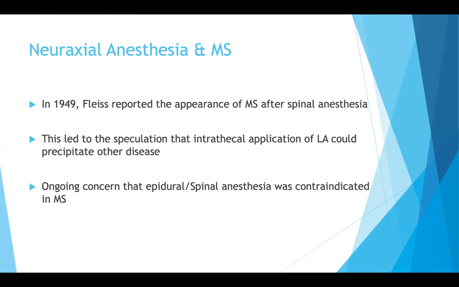This led to speculation that intrathecal application of local anesthetic could precipitate the disease. And since then, there has been an ongoing concern about using epidurals or spinal anesthesia in this population. It has even been suggested that it is contraindicated.